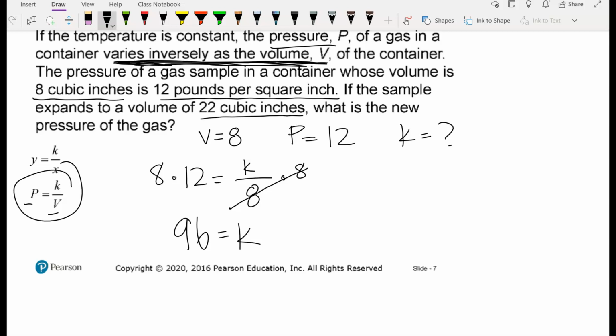All right, now we're going to solve for the new pressure using that 22 cubic inches for the volume. So we don't know what P is, and we're going to equal it to 96 over 22.